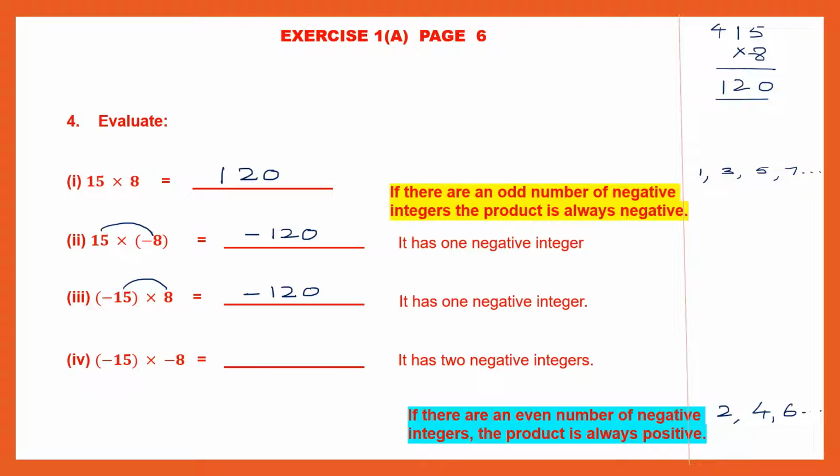So if we have two negative integers or four negative integers or six negative integers or simply an even number of negative integers, the product is always positive. So here my answer is plus. Then 15 into 8 is 120. So keep these two very important properties in mind when we work out all the multiplication sums.